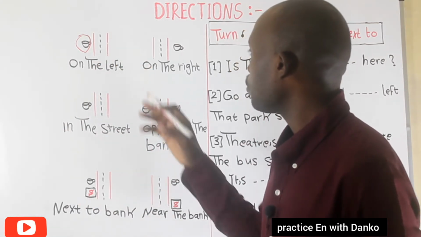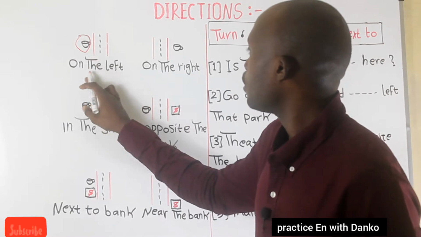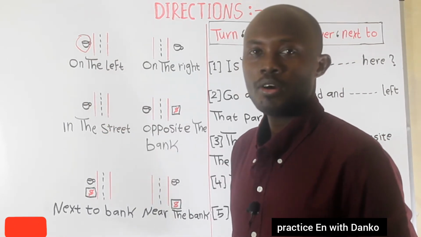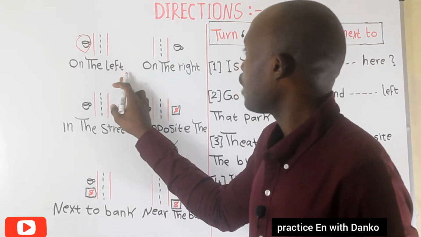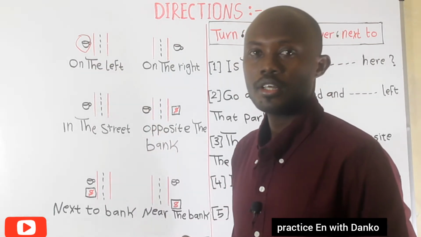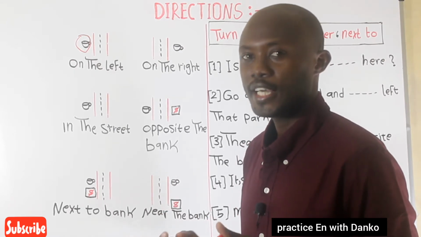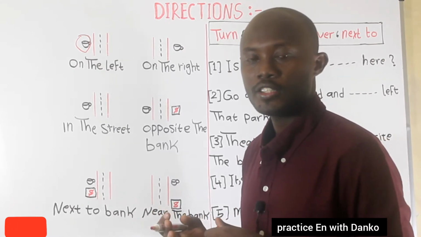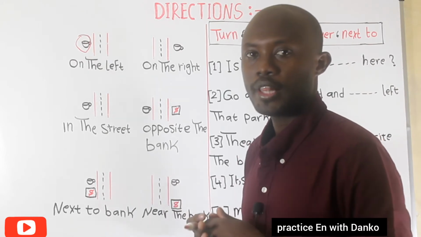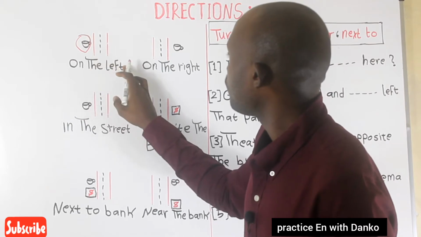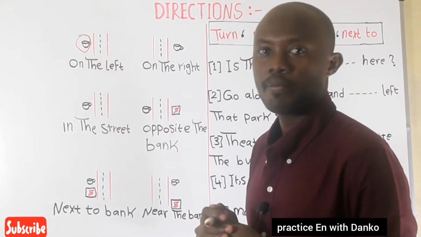When you say on the left of King Street, or on the left of the street, when we ask where is the cafe, you must say the cafe is on King Street. It is on the left of King Street.